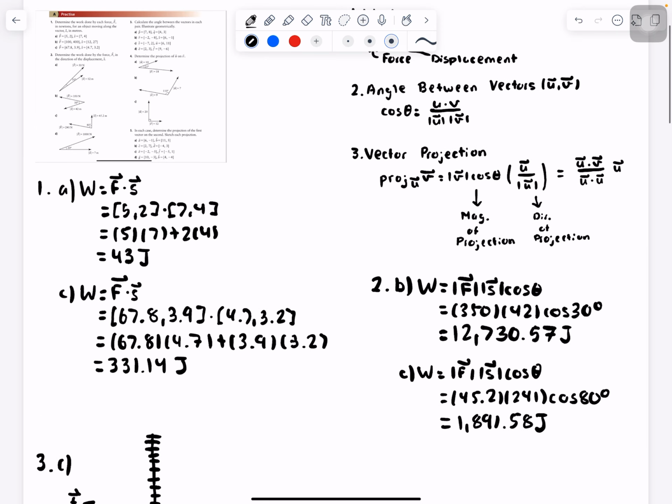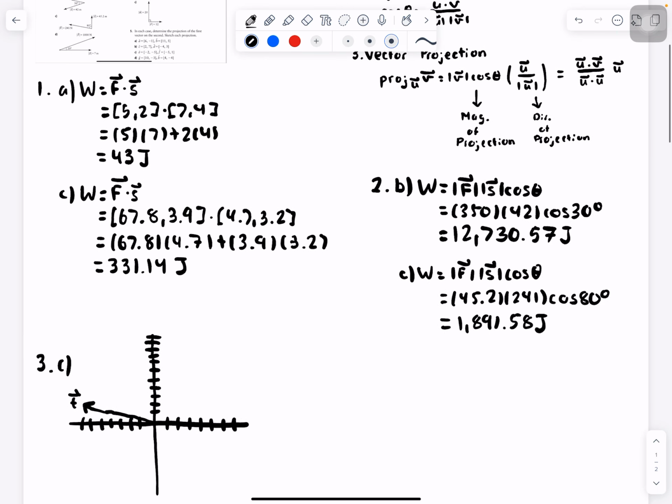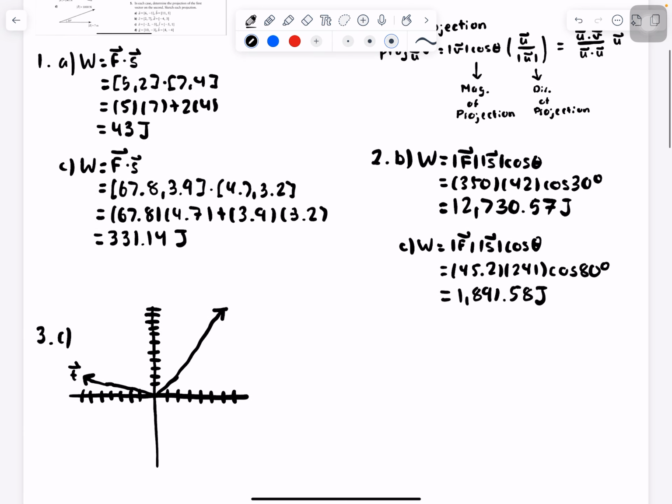And then we have the vector u, 6, 11. That would be right here-ish. Not the best arrows. t and u. So the angle would be here. That would be theta.